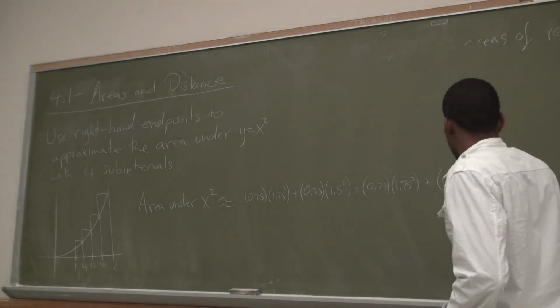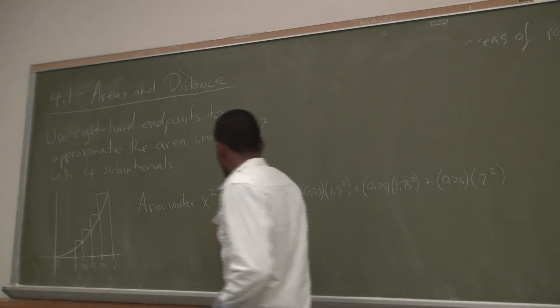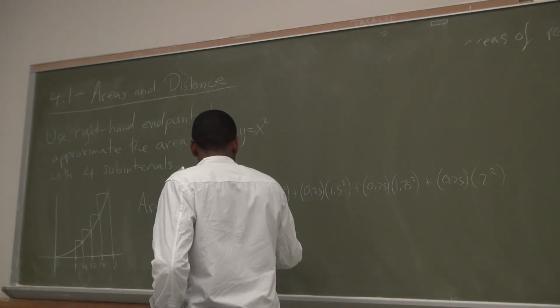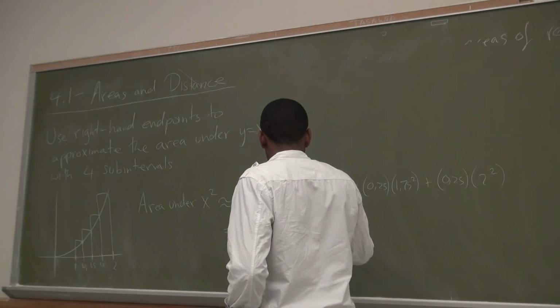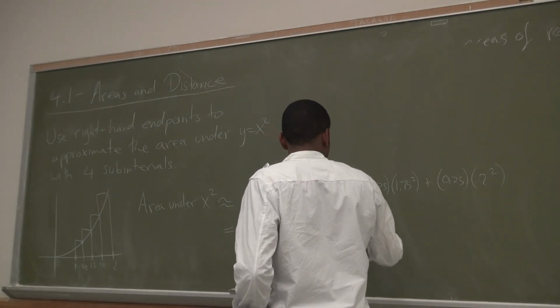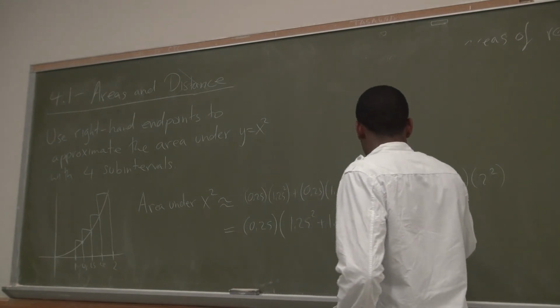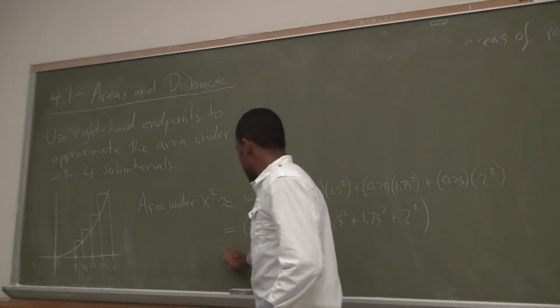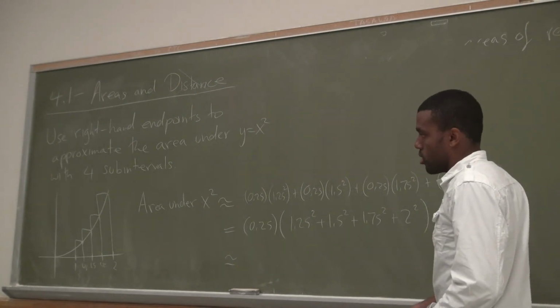This would be 2 squared. In other words, I could have factored out 0.25: 1.25 squared plus 1.5 squared plus 1.75 squared plus 2 squared. And if I get that number, it will give me something that's an approximation to the area, but an overestimate.